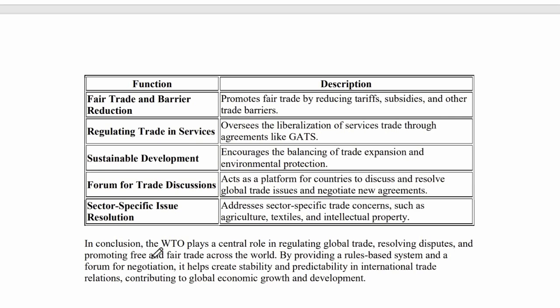In conclusion, the WTO plays a central role in regulating global trade, resolving disputes, and promoting free and fair trade across the world. By providing a rule based system and a forum for negotiation, it helps create stability and predictability in international trade relations, contributing to global economic growth and development.